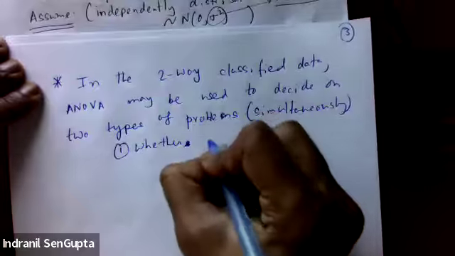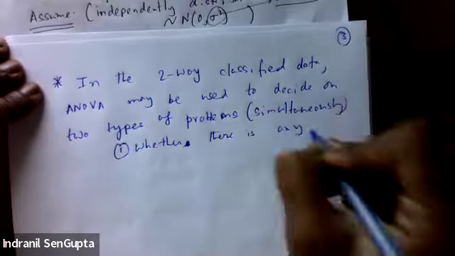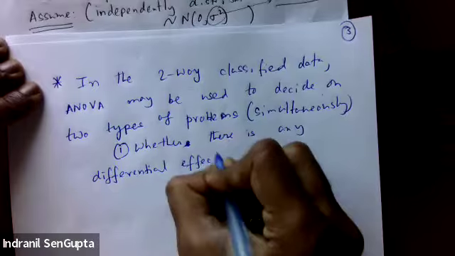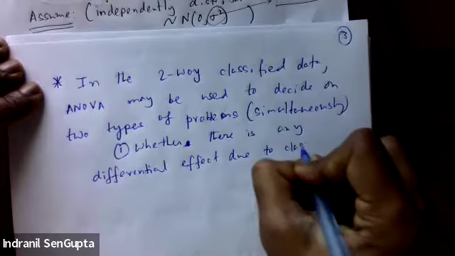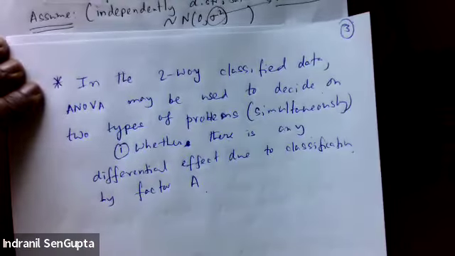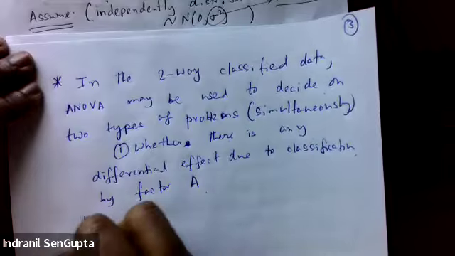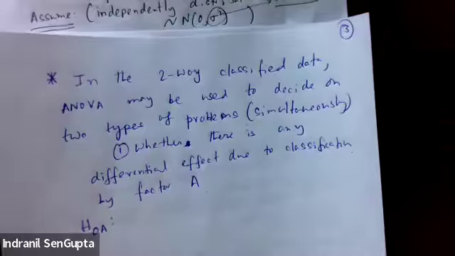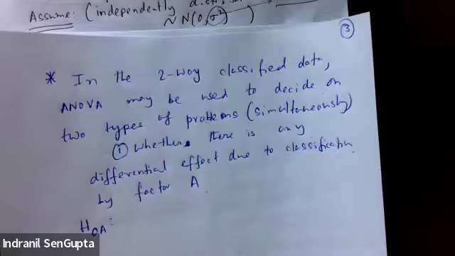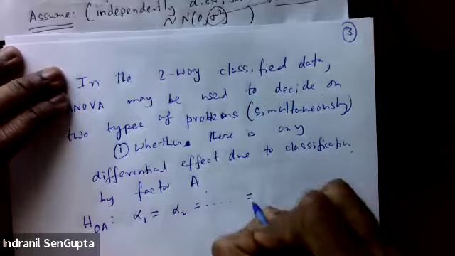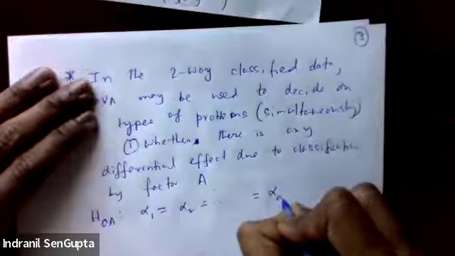the first type of problem is whether there is any differential effect due to classification by factor A. So in this case, the null hypothesis, we'll call it H0A, there are various ways of writing it, but I will write it in the following way: alpha 1 equals alpha 2 equals all the way up to alpha a equals 0.